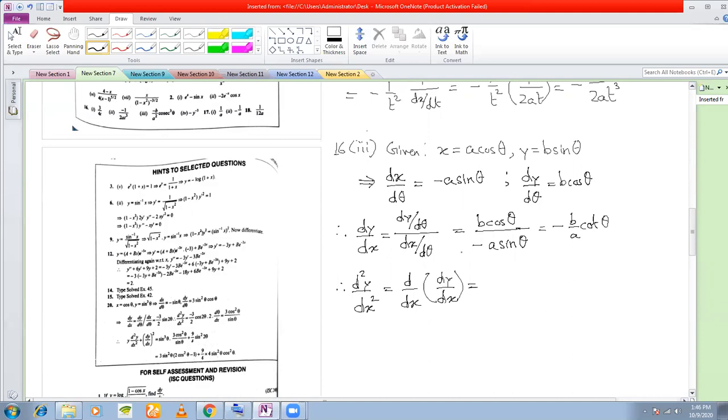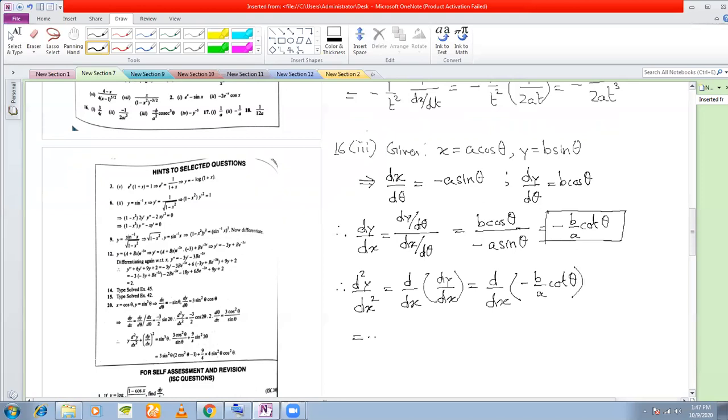Tell me what you can see. What is the value of dy dx? Sir, dy dx is minus b by a cot theta. So we write d dx of minus b by a cot theta.